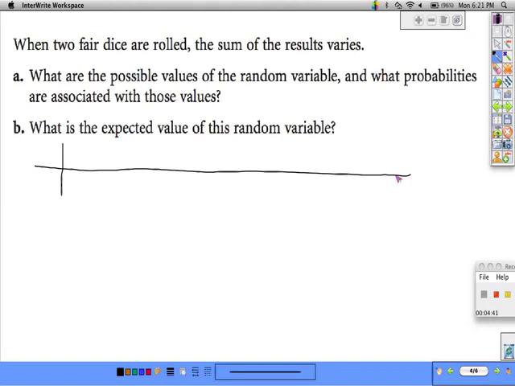In this problem, we are looking at rolling two dice and finding their sum. So the random variable x can have the values 2, 3, 4, up to 12. And then we look at the probability of all these things.